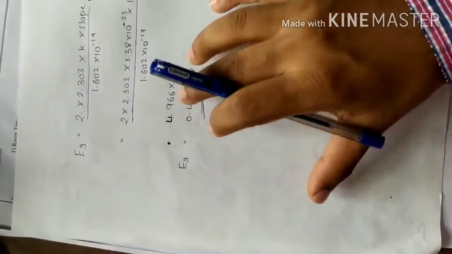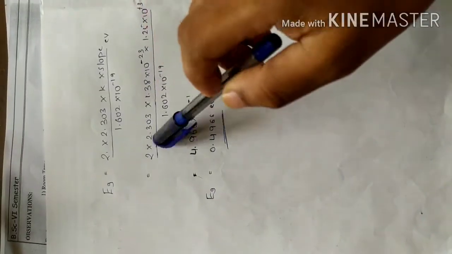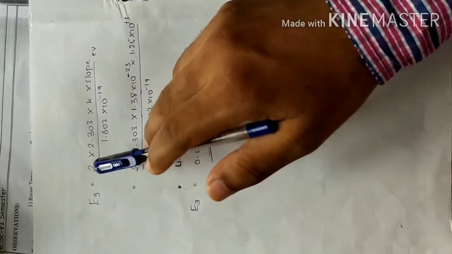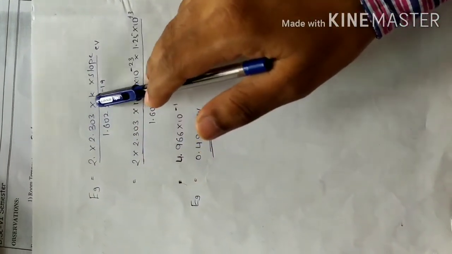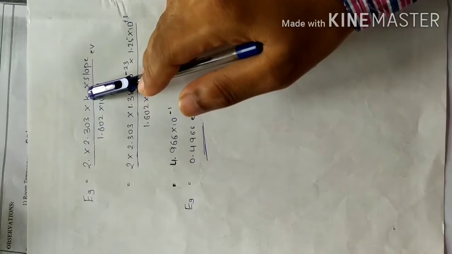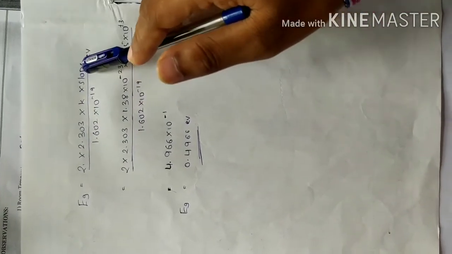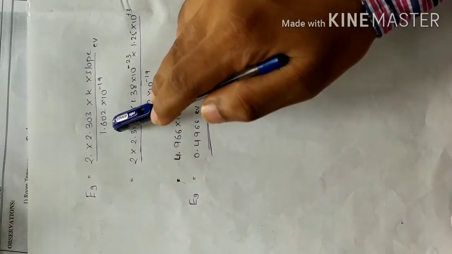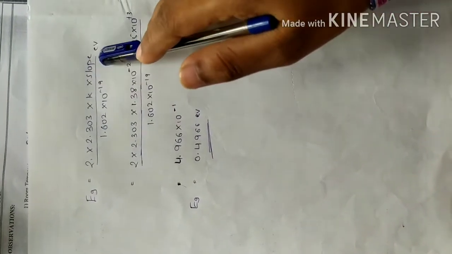Next we have to substitute all our readings in the formula which we have seen before. The formula is Eg is equal to 2 into 2.303 into K, which is Boltzmann's constant, into slope, which we have found out in the graph, divided by 1.602 into 10 raised to minus 19.